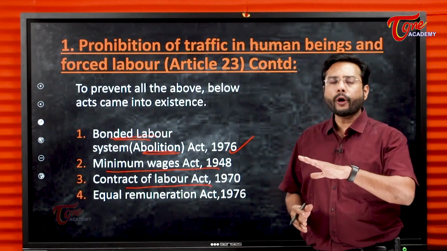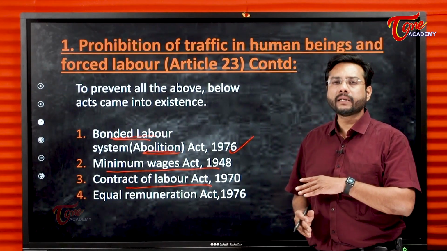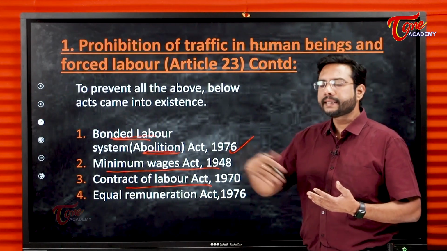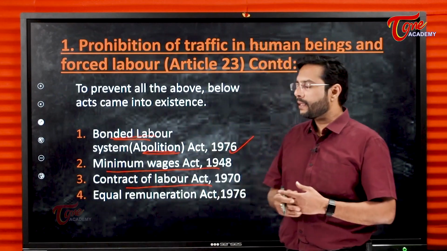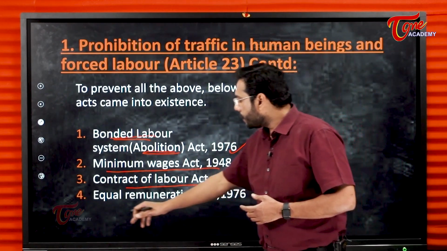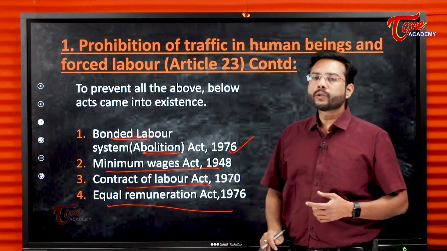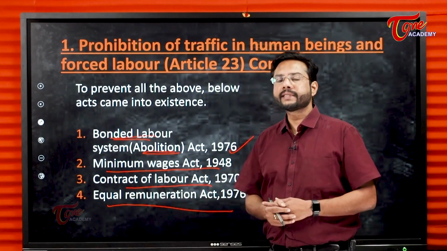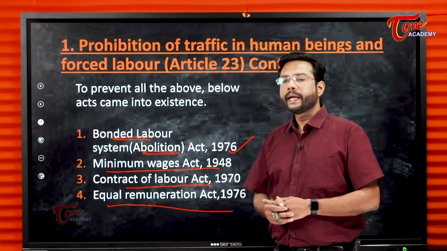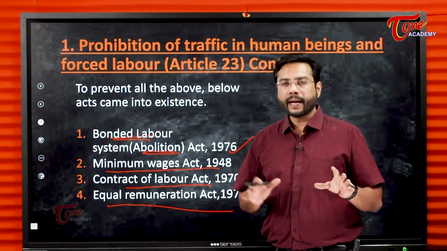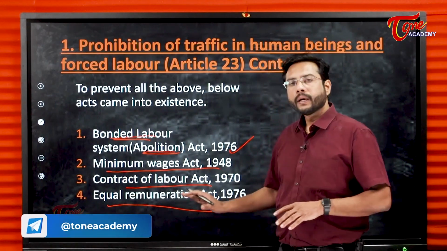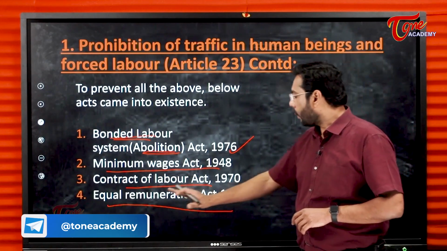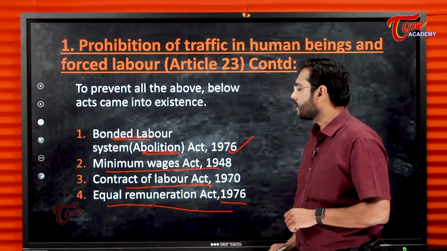And employer cannot remove a person at his will. We cannot remove an employee arbitrarily. So these are the things that we have. Equal Remuneration Act. So male and female, because they give their work, and when we say equality, it is also equal treatment of women and men. So there is an act that supports this equality, where we say Equal Remuneration Act 1976.